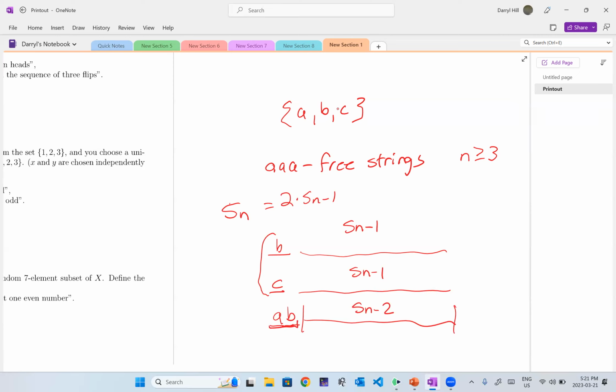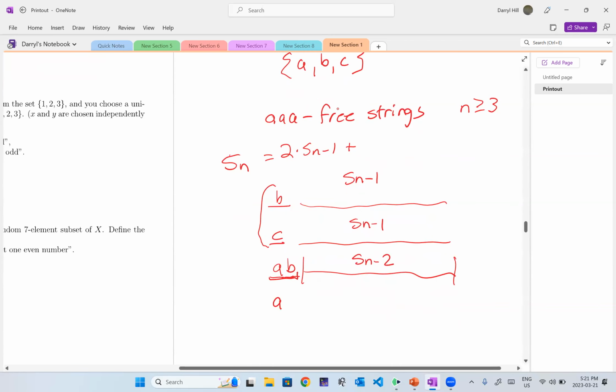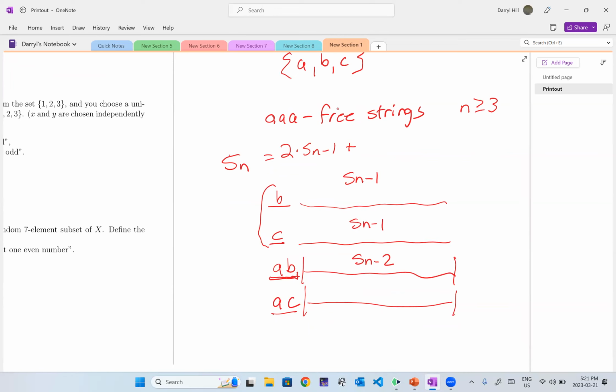Or if I start with AC, then everything afterwards is fair game. After this C, I can put whatever I like, as long as it's A free. So I get 2 times S of n minus 2.